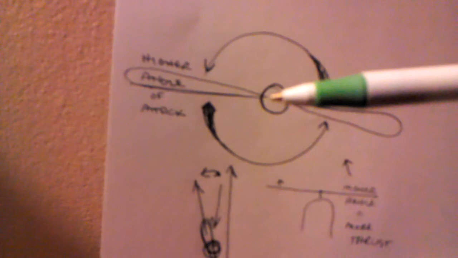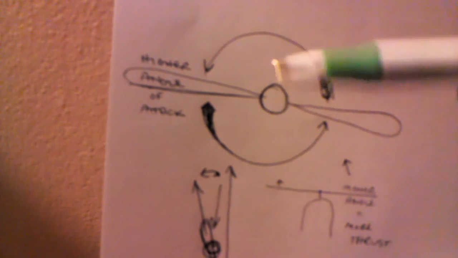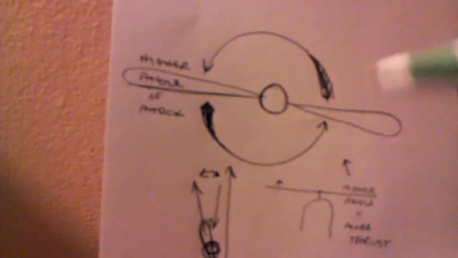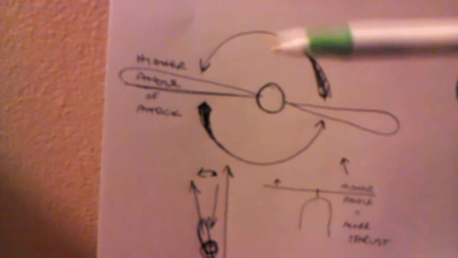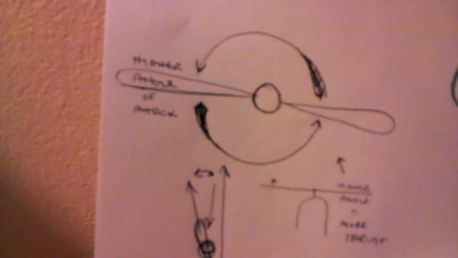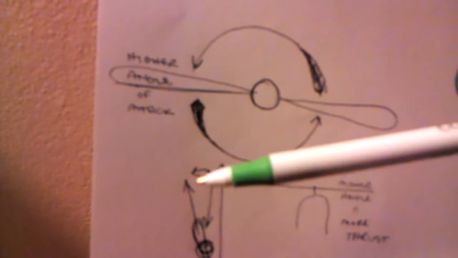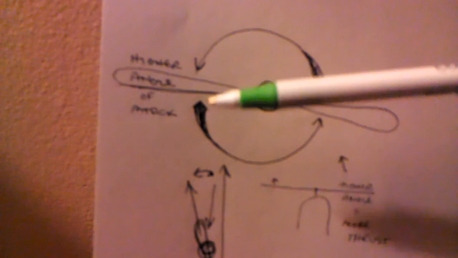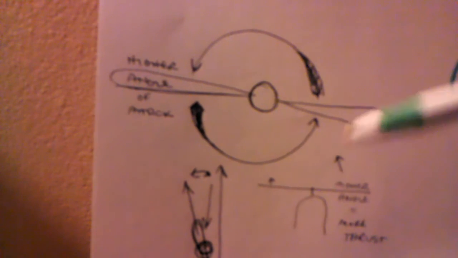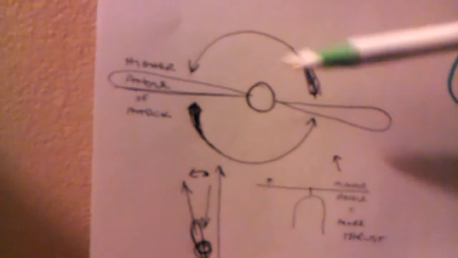P factor is caused by a difference in thrust by the descending blade versus the ascending blade. As this propeller goes down, it's at a higher angle of attack just because of the way it's twisted than the propeller blade that's going up like this.